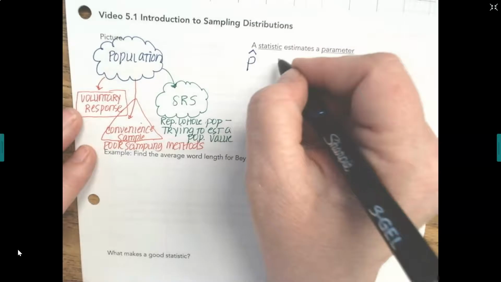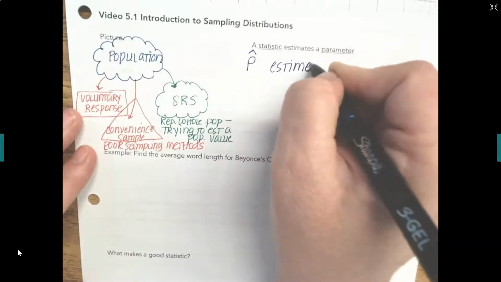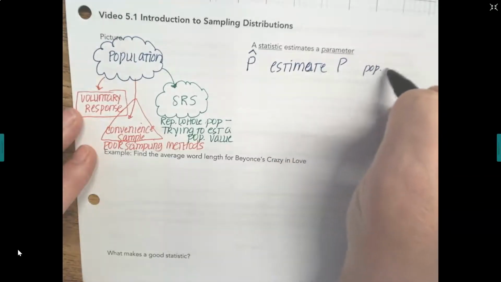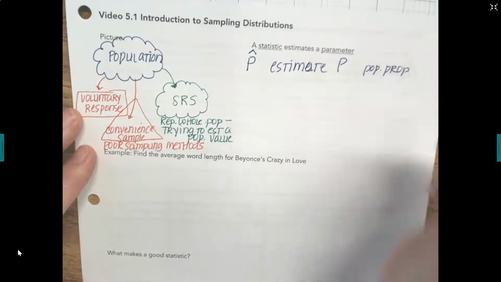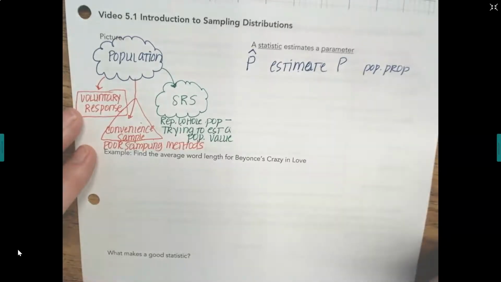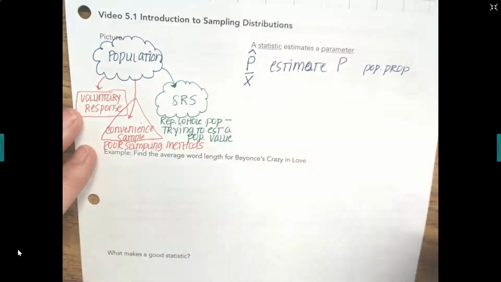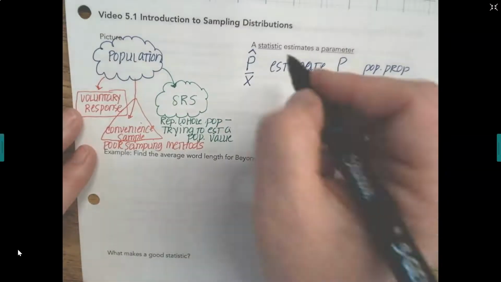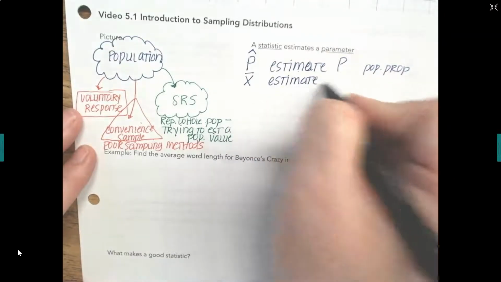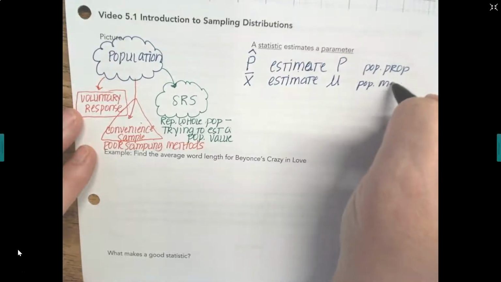The p hat helps us estimate P, which is our population proportion. If we were talking about means, our sample gives us x bar, which helps us estimate mu, the population mean.